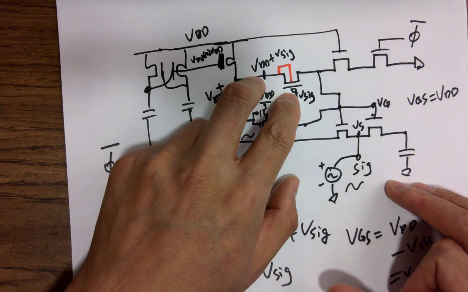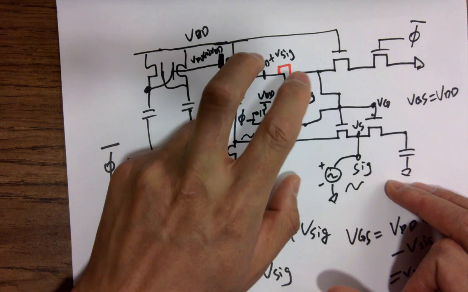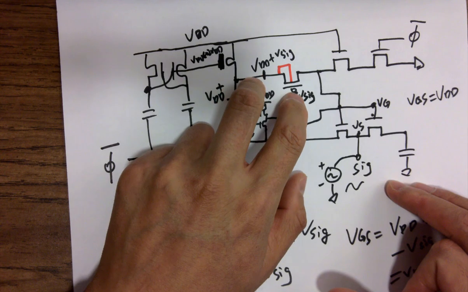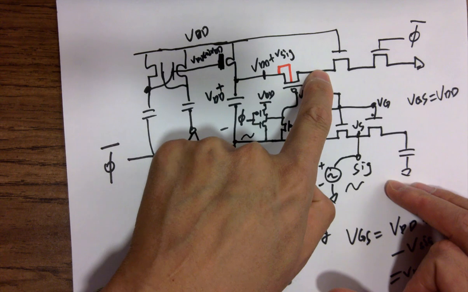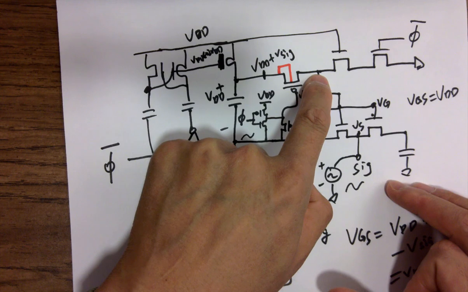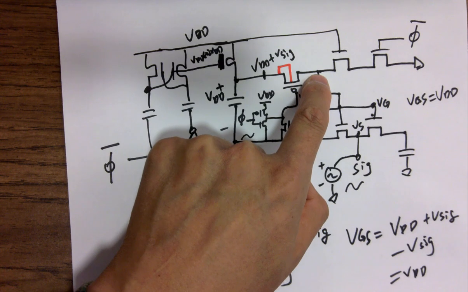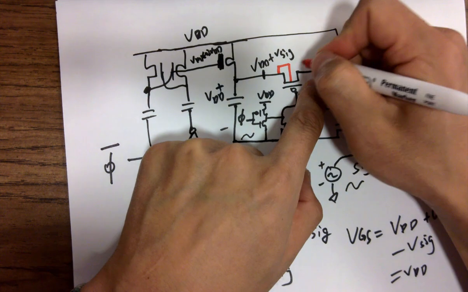VDD, which is larger than VTHP. So this guy's on, the whole thing here will be passed to this point. So the voltage here is what? That's VDD.